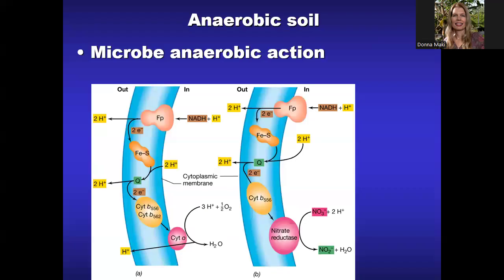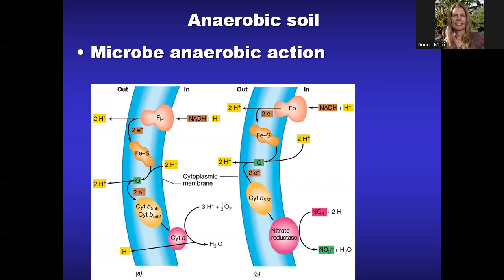So anaerobic, when you don't have enough oxygen in the soil and they declare it anaerobic, one of the other problems for the plant is that it creates conditions where different microbes start to gain an advantage. These microbes tend to be ones that don't coexist nicely with the plant.